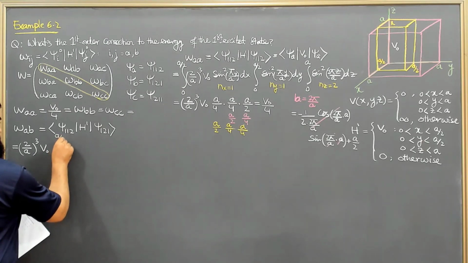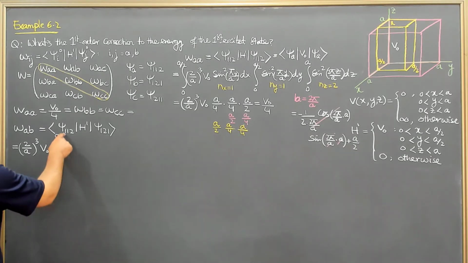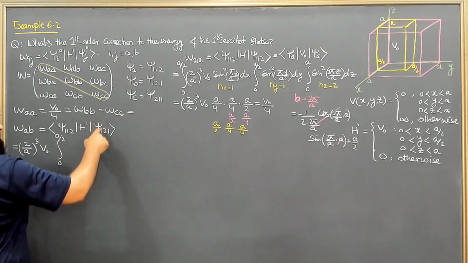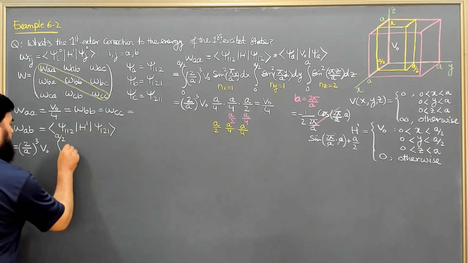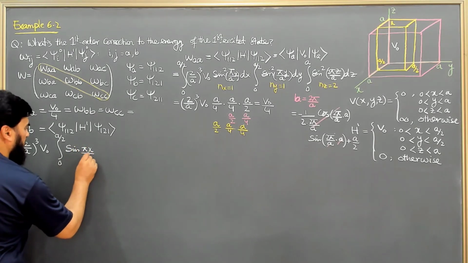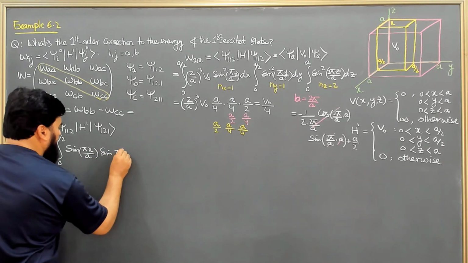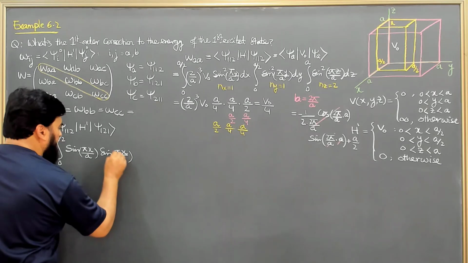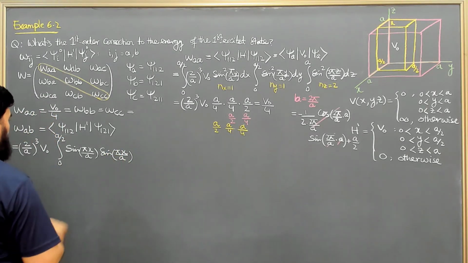So now the next one is from 0 to A over 2, and then I will write ψ₁₁₂ here, and it will be multiplied with ψ₁₂₁ here. So it will be sine 1 and 1. So it is sine πx over A and sine πx over A, because the nx here is equal to 1.